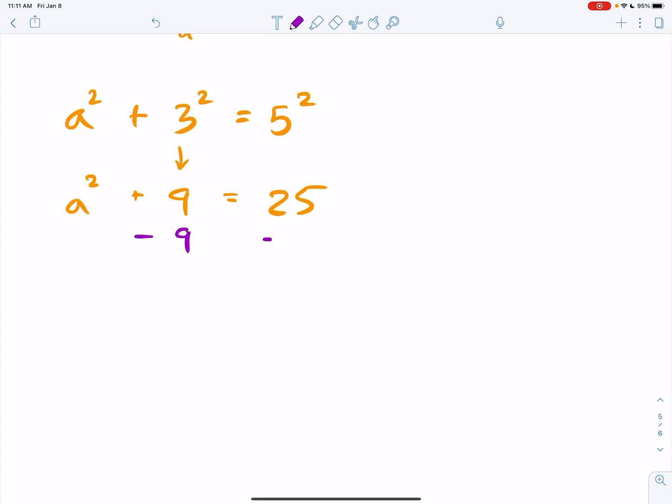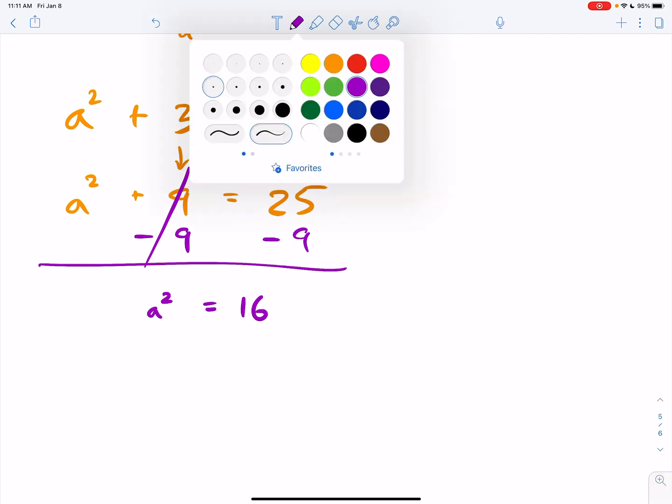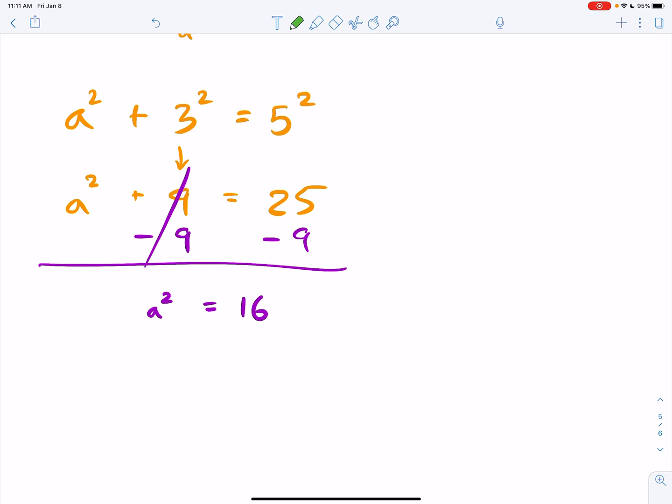And what we do to one side, we do to the other, okay, to keep it balanced. So now what I have is a squared equals 25 minus 9 is just 16. All right. Now that I have the square by itself, I know how to get rid of it because the opposite of a square, the inverse of a square, is just the square root. Okay. Now a here will equal the square root of 16.